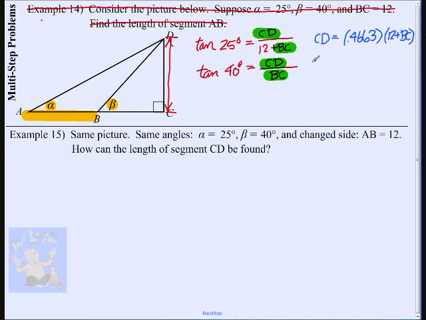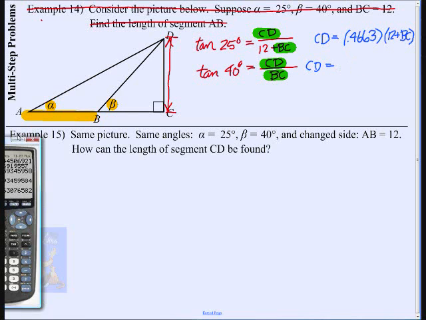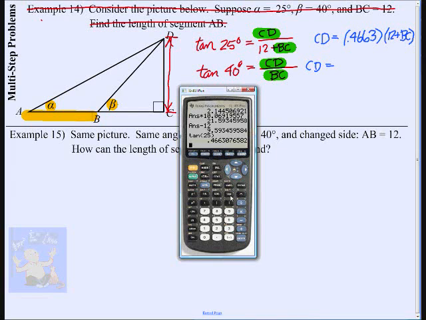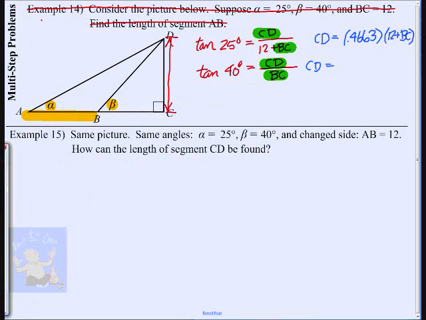And on this equation, I've got CD equals tangent of 40 degrees, 0.8391, times BC.